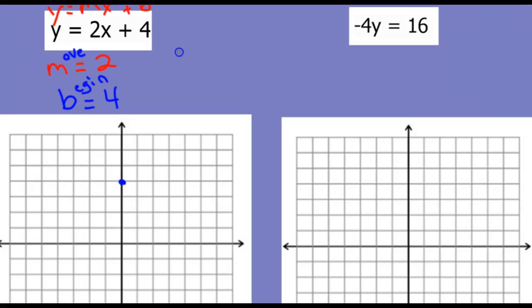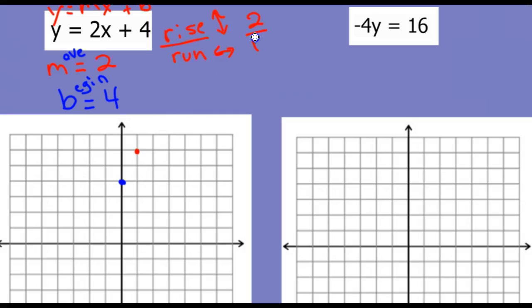If we have 2, our slope is given as rise over run, with the rise going up or down, and the run going left or right. If we have 2, we actually have 2 over 1. So we're rising 2 and moving over 1.